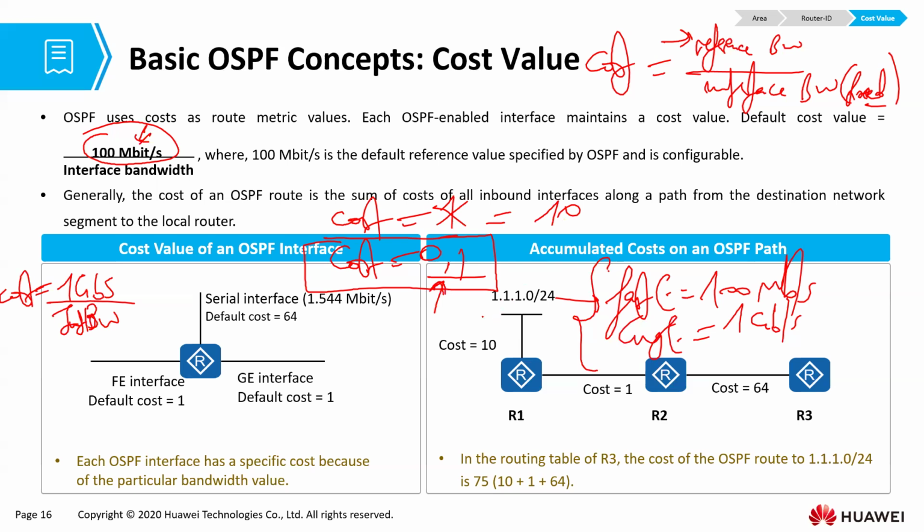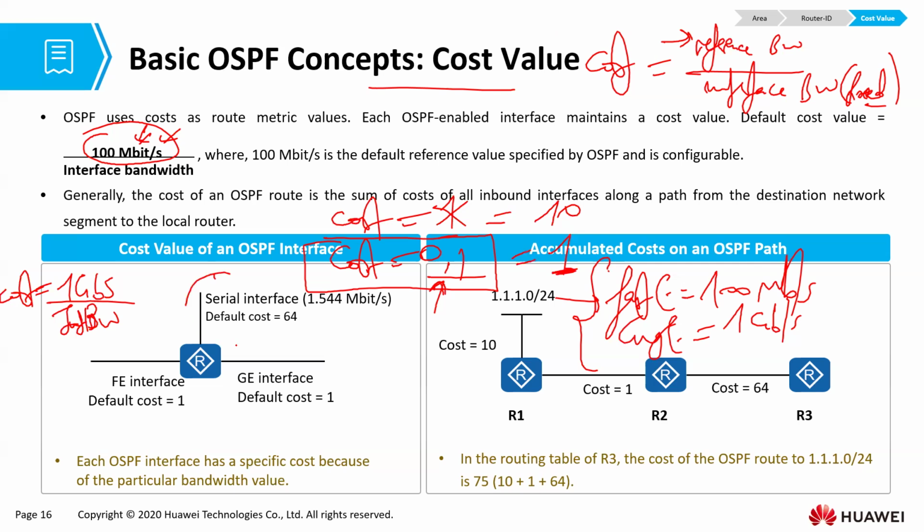For Gigabit Ethernet, it will now be 1. The lower the cost, the higher the bandwidth, and the more preferred in terms of my metric. So here we have a concept, cost value, how you calculate it, and how we can change the reference bandwidth. In the configurations, we can change it to fit whatever interfaces we have.